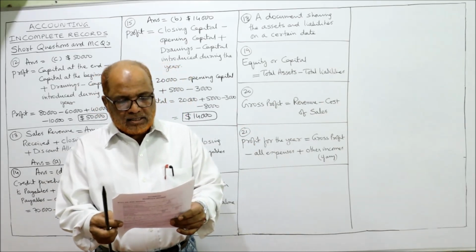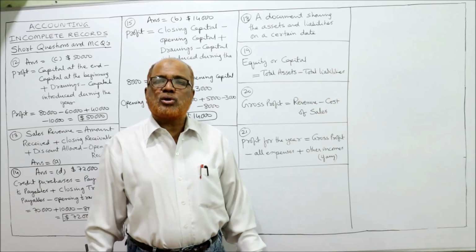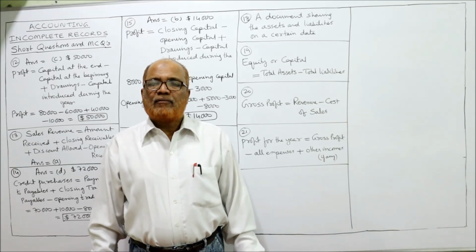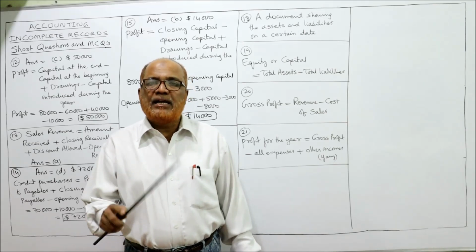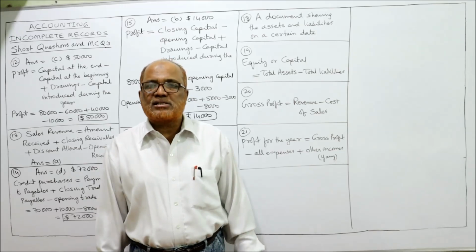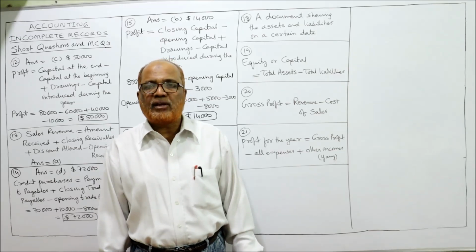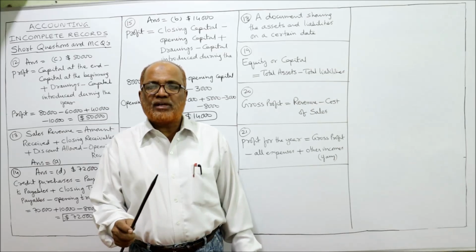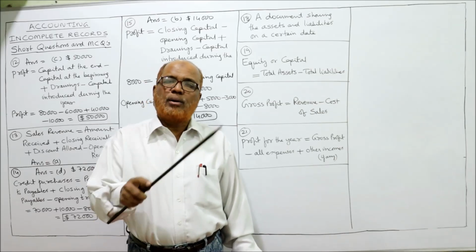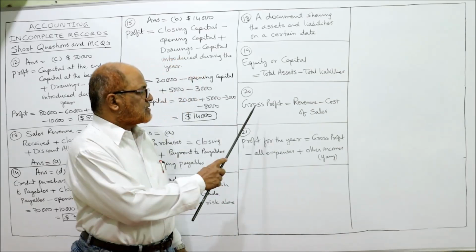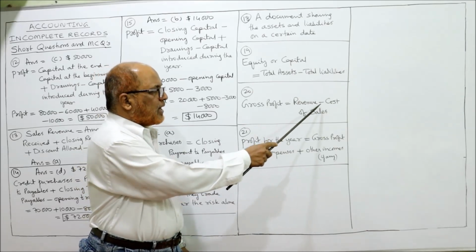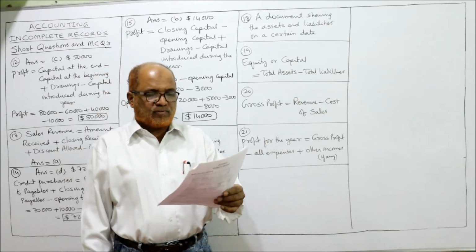The next one is, how do you calculate gross profit? We can get the gross profit by deducting cost of sales from the sales revenue. So gross profit is equal to sales revenue minus cost of sales.